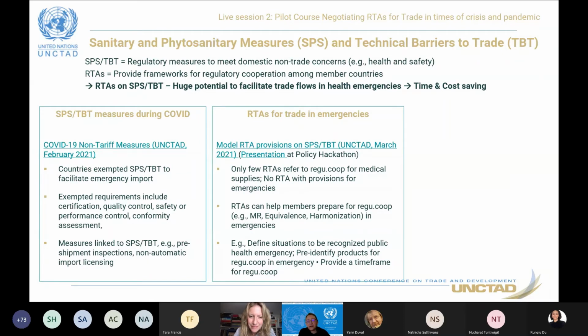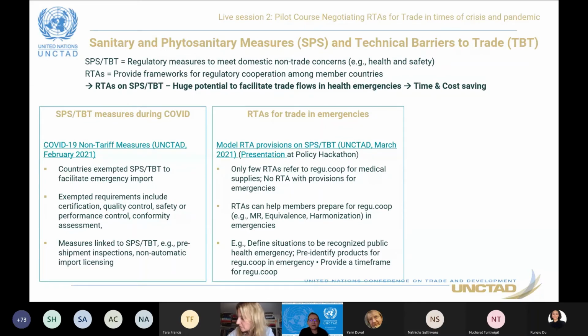This one reviewed 107 RTAs and systematically assessed to what extent each RTA actually referred to the importance of regulatory cooperation, particularly focusing on mutual recognition, equivalence, and harmonization. They used a scoring system to see how enforceable these provisions in each of the RTAs were.